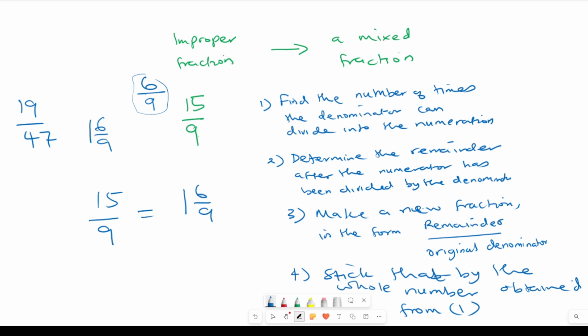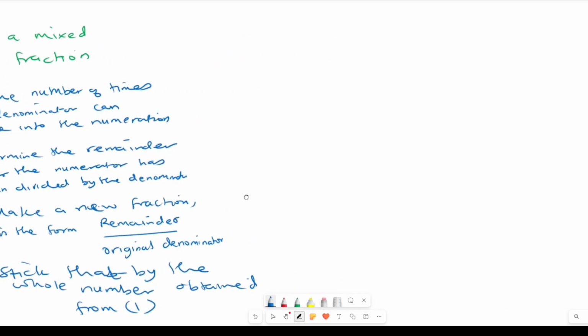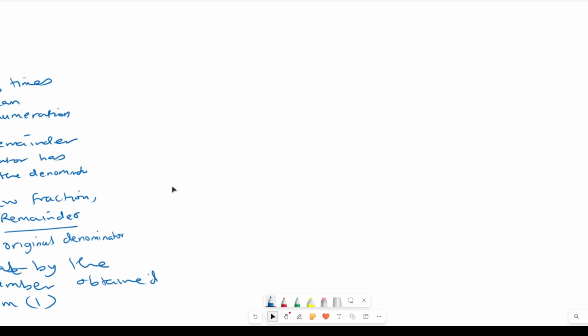Okay, so let's try another example quickly, then we will move on. I have 27 over 6, and I'm meant to make a mixed fraction from this because it's an improper fraction. We have a big numerator over a small denominator.